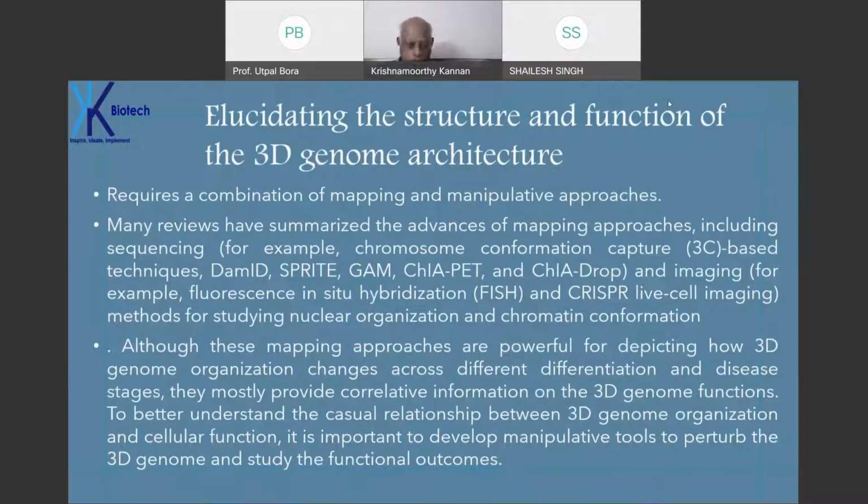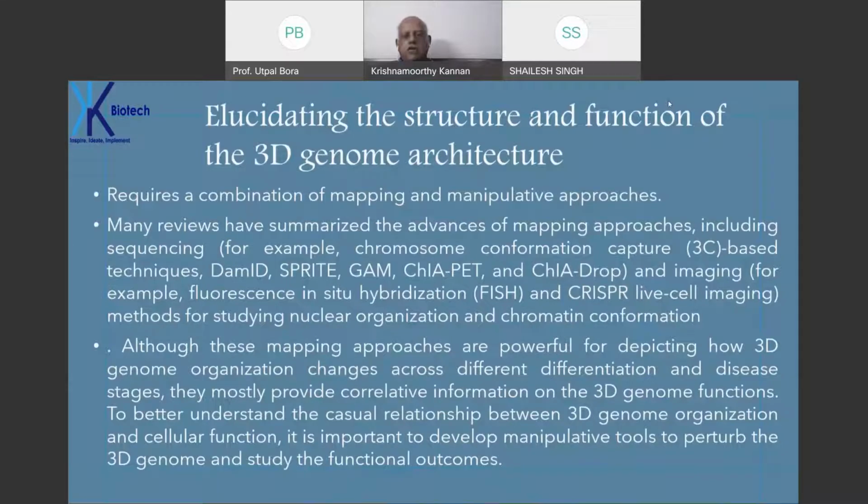Another very popular one is called SPRITE, that is split-pool recognition of interactions by tag extension. This is done on a microwell plate, and there also it creates a large amount of data. Then you have genome architecture mapping, GAM.